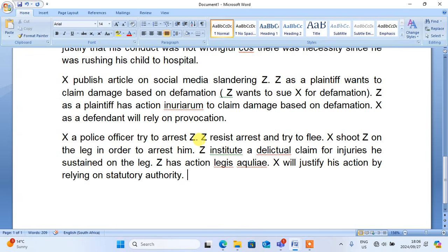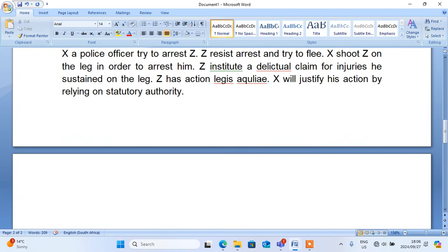Now let's give another example. The reason why I'm doing plenty of examples is that I need you to understand those grounds of justification. Let's just say, let's give an example with Dlamini.